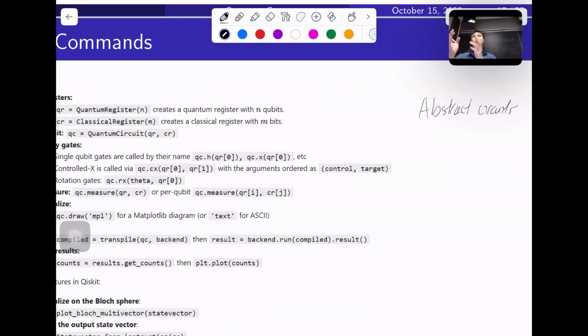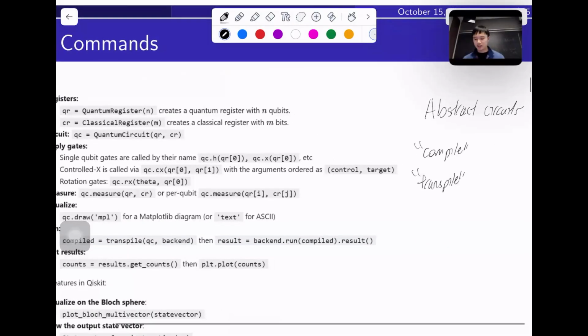But there needs to be some way of synthesizing this down to quantum hardware, and that's what you can do with Qiskit. I'll define some words, compile and transpile, which basically mean taking an abstract circuit and bringing it down to what we can actually do on quantum hardware. That's one thing we'll explore more in the workshop.